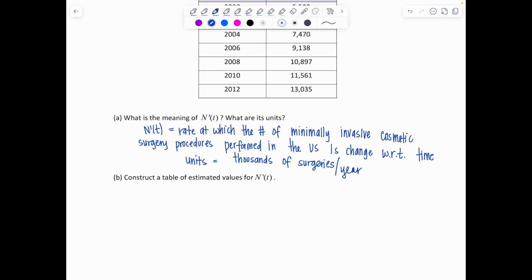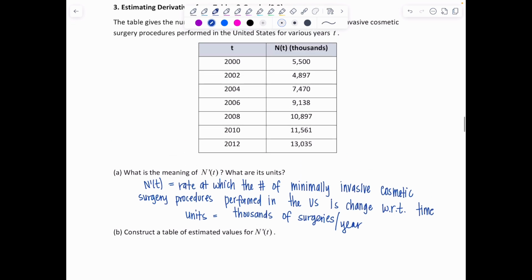Okay. Construct a table of estimated values for N prime of t. So we're going to do this the same way that we estimated the instantaneous velocity in that first problem. Remember, when we estimated instantaneous velocity at t equals 3, we took average velocity from one interval on either side, one interval below, one interval above.